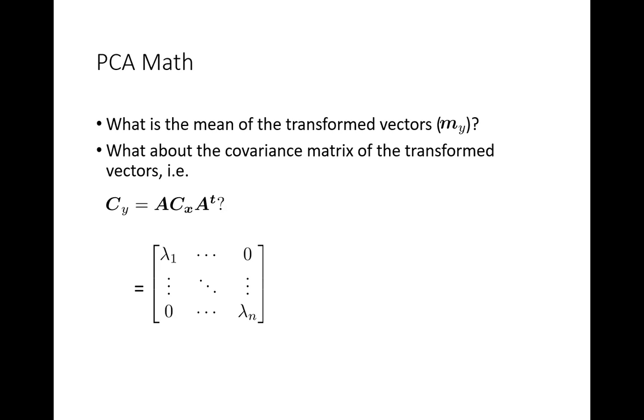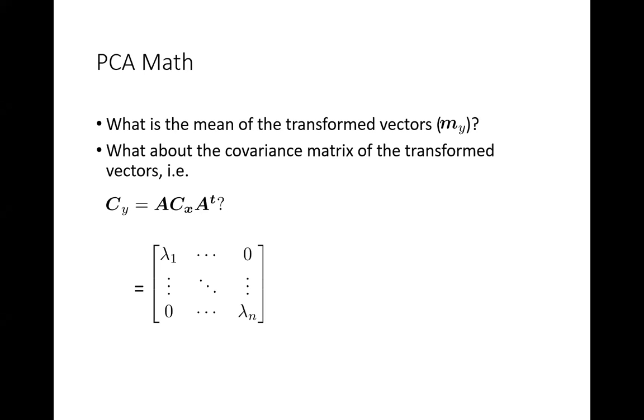If you do a little bit of math, you will find that the covariance matrix in the transformed space is going to be a diagonal matrix. The first element is going to be lambda1, which is the largest eigenvalue of your covariance matrix Cx. The next element is going to be lambda2, all the way up to lambda n.